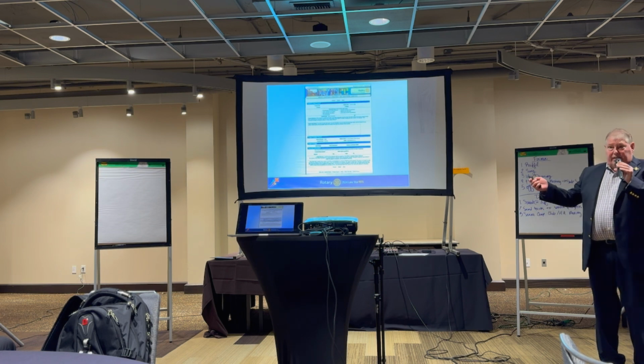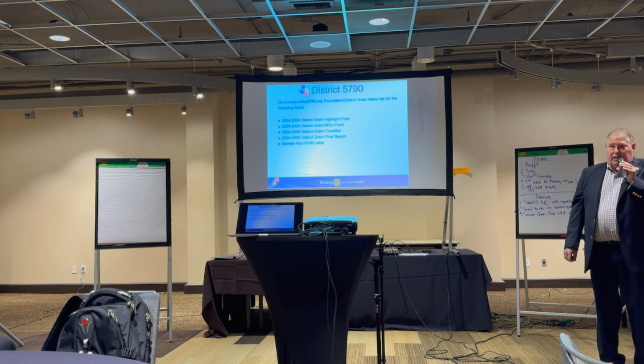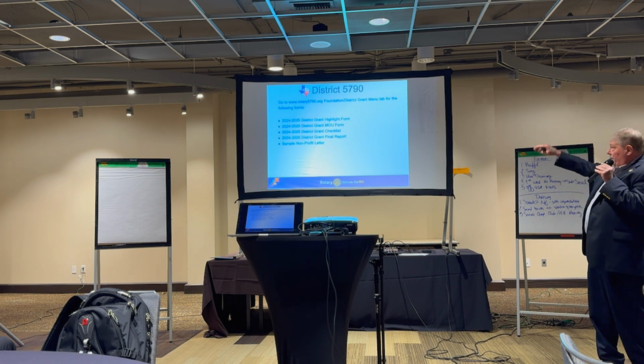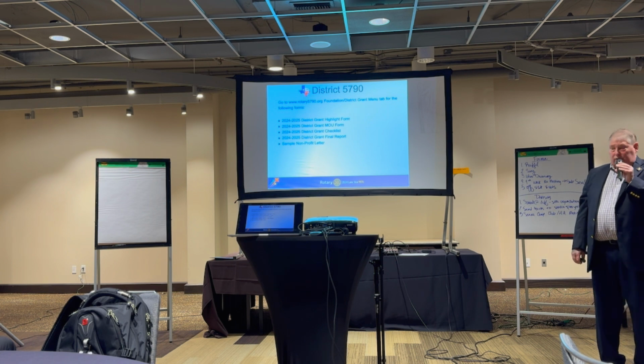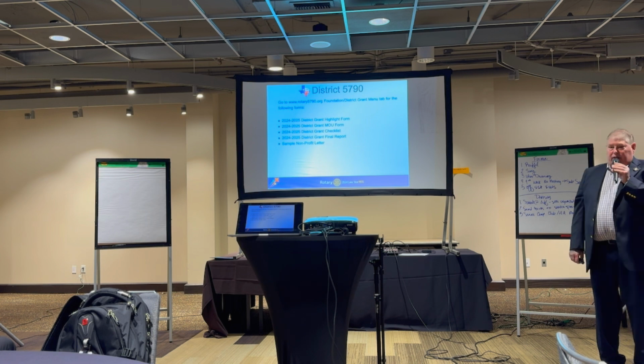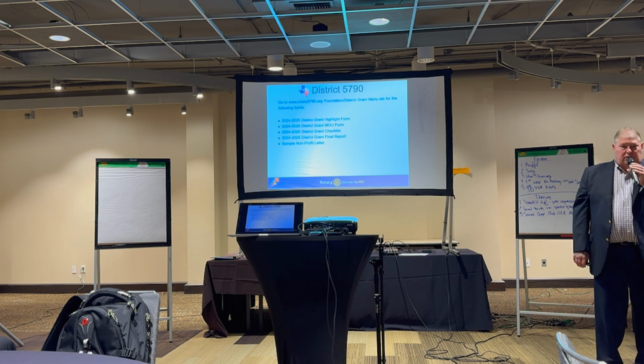Once that's submitted, all the rest of the forms that you're going to need to attach to that grant are going to be found again at 5790.org. You're going to have to put in the MOU form. At the end of the project, you're going to have to put in a final grant report.